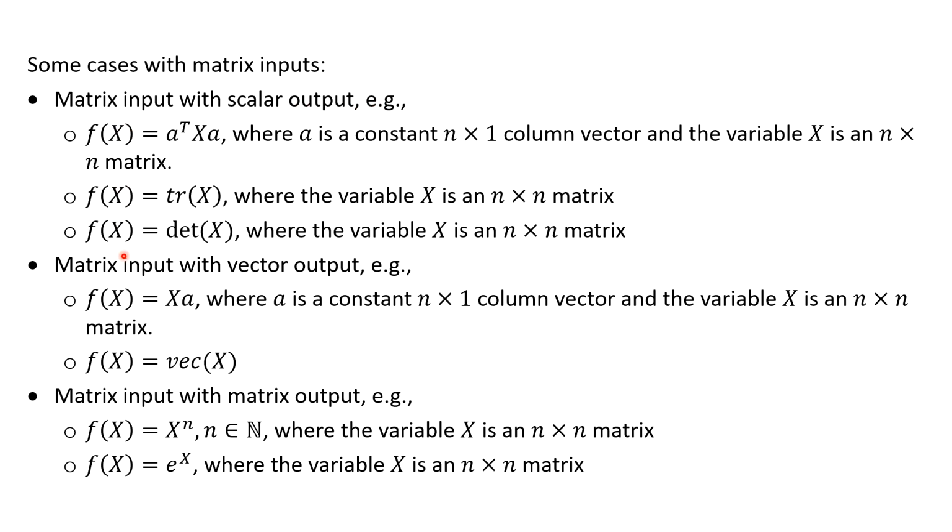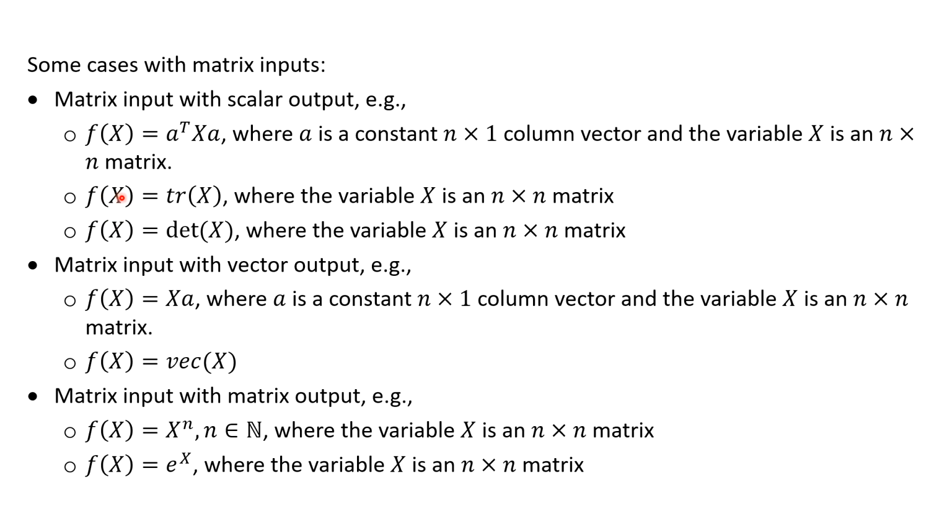Here the capital X is a matrix, and the other things are vectors. So you have A transpose X times A, where A is a constant n by 1 column vector and X is n by n. So when you multiply these together, you get a scalar.